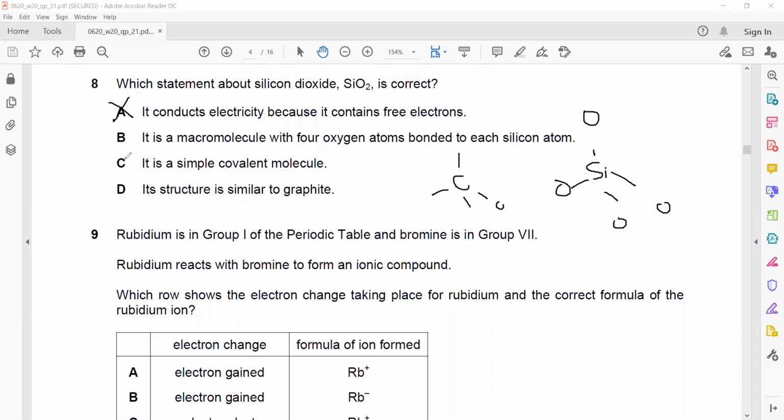It is not a simple covalent molecule, that's wrong. So B is the right answer. It's a macromolecule, or a large molecule, with four oxygen atoms bonded to each silicon.